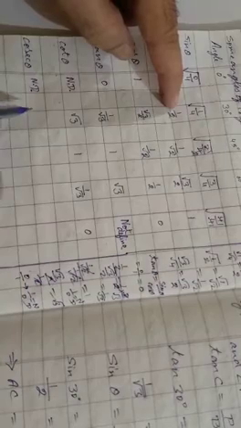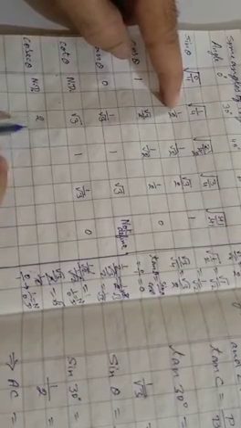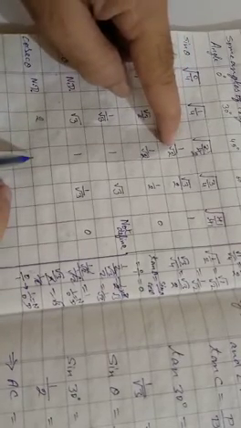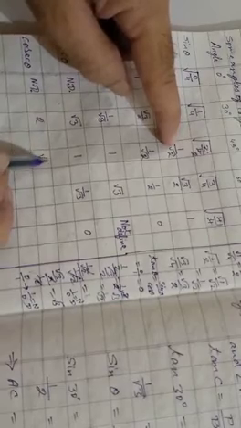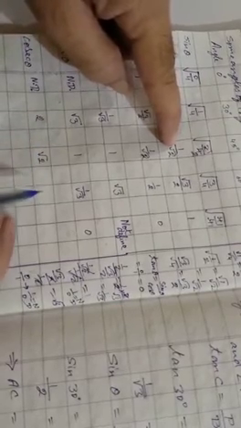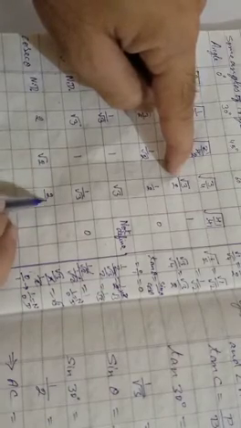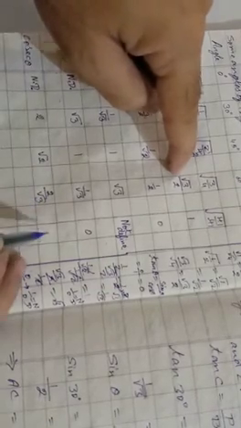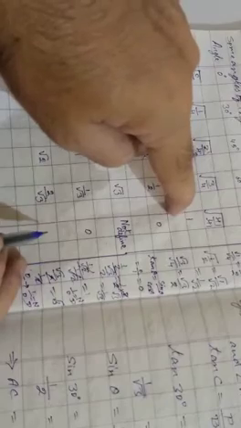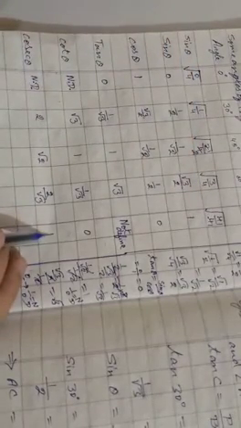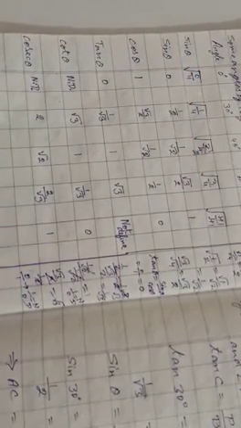Reciprocal of 1 upon 2, that is 2 upon 1, we write 2. Reciprocal of 1 upon root 2, that is root 2. Reciprocal of root 3 upon 2, that is 2 upon root 3. And reciprocal of 1 is 1.